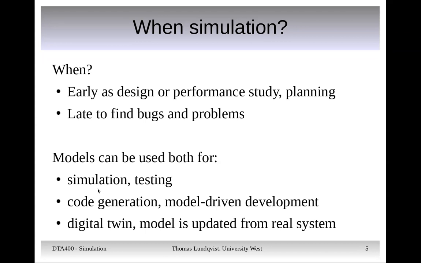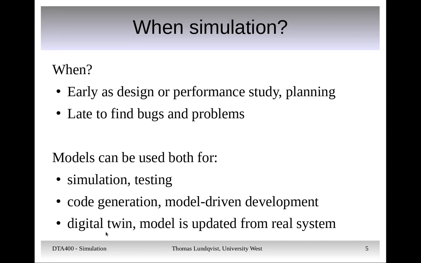And that means the thing you simulate and test will be exactly the same as the thing in the real world later on. So that's very powerful. And this is even more fancy today, maybe. If you read in papers, you can read about digital twins. It's a buzzword today.